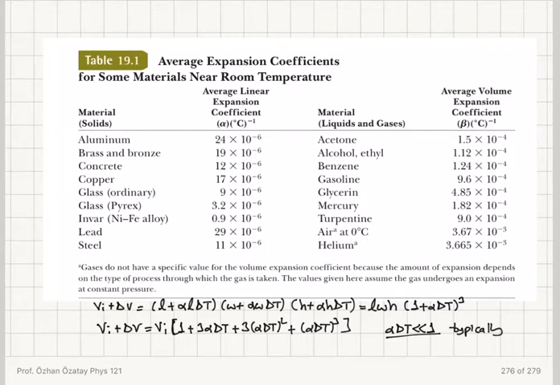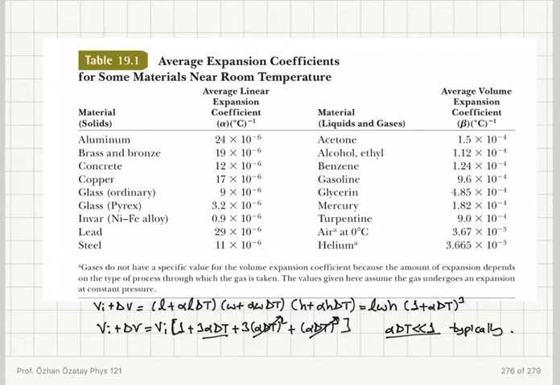So basically, because of this, alpha times delta T is much less than 1, its square is much less than 1, its cube is much less than 1. So I shouldn't get rid of this one. The square and the cube are definitely much less than 1.